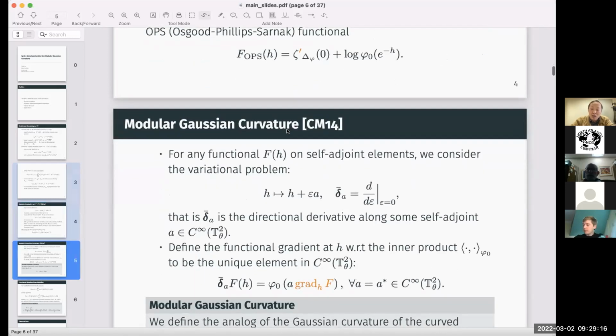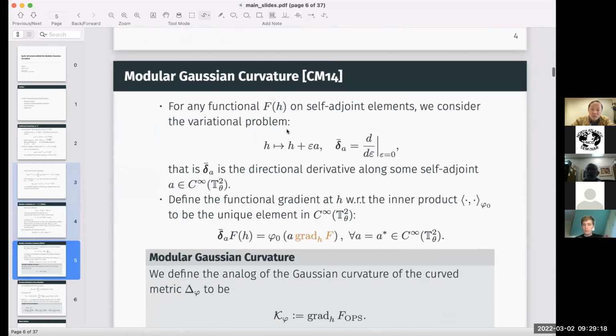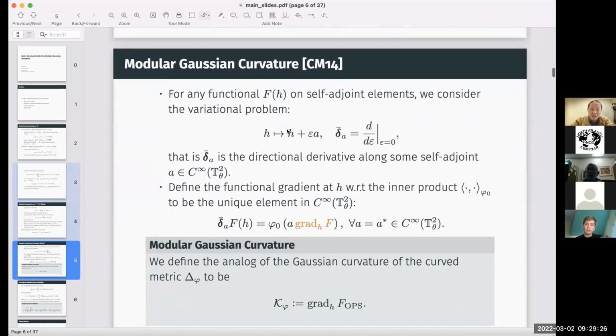Here are more details about this gradient flow in our setting. We consider the following variational problem.